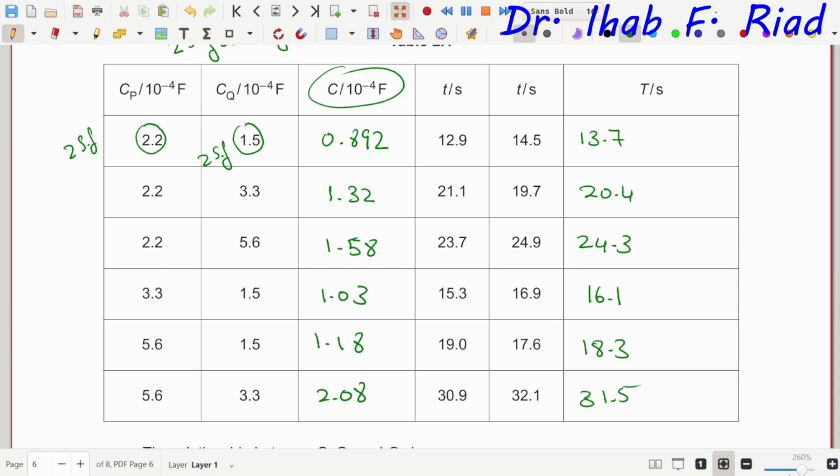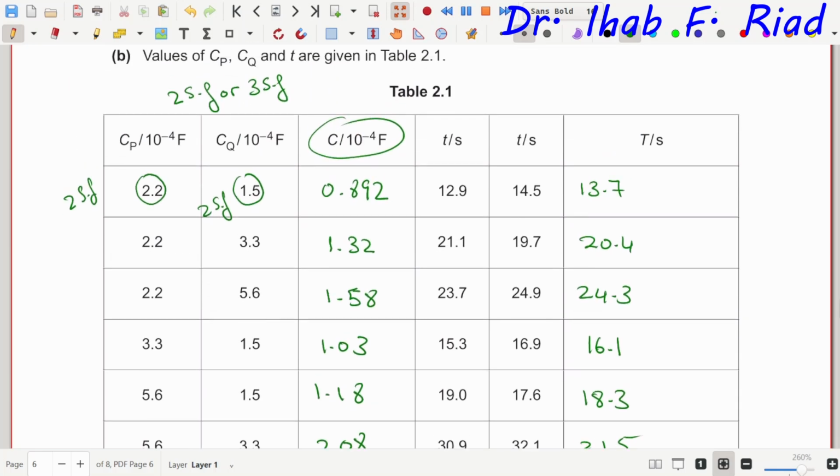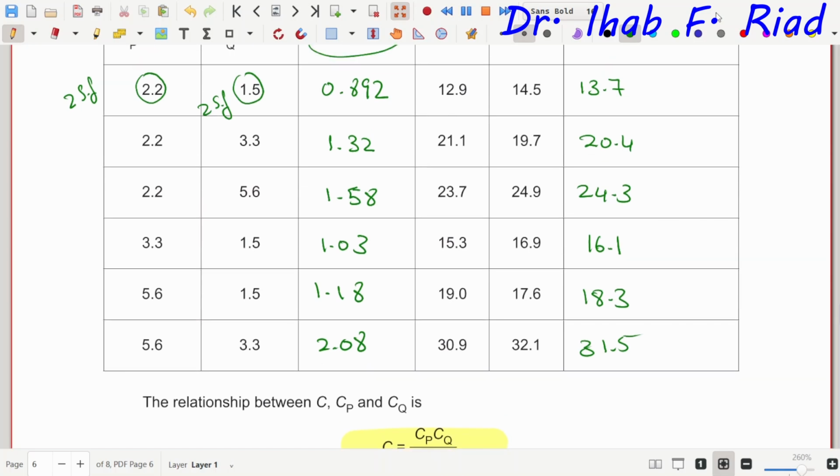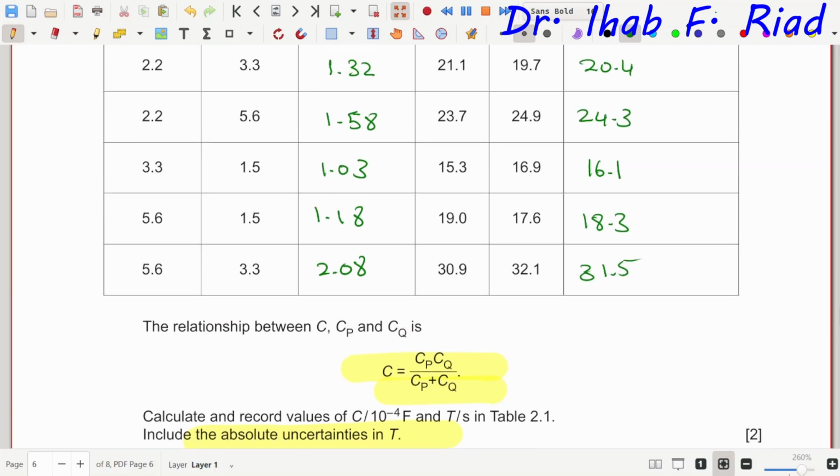Now we are going to calculate the absolute uncertainties. If we have two values, how do we calculate the absolute uncertainty? It is simple. It is the maximum minus the minimum, and I'm going to divide by 2. Maximum minus minimum divided by 2.